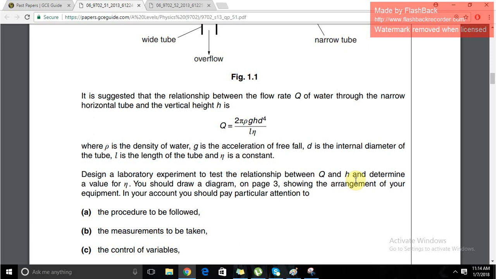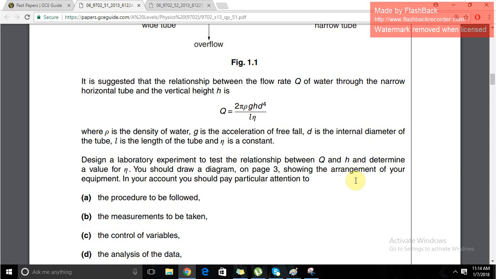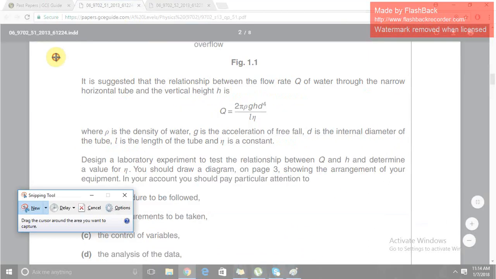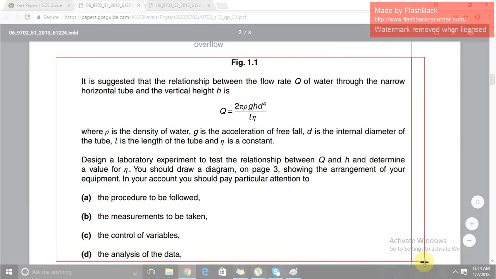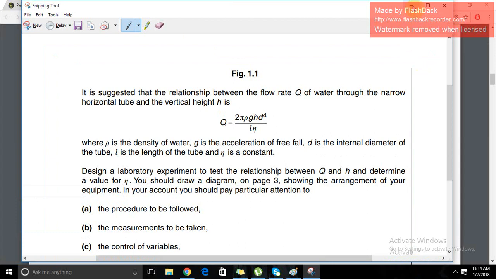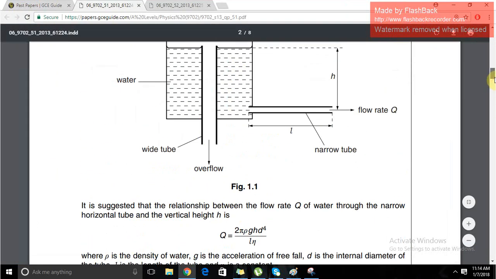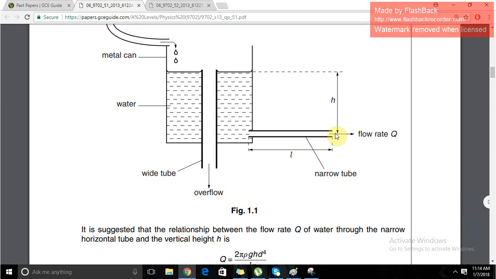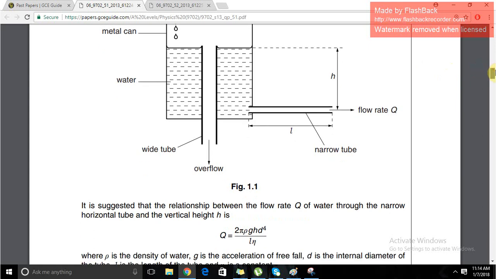So we are actually relating two quantities, one of them being the height, the vertical height between here, which is the middle of the horizontal tube, and the top edge of the water level.